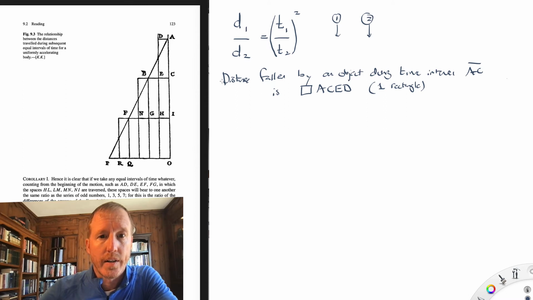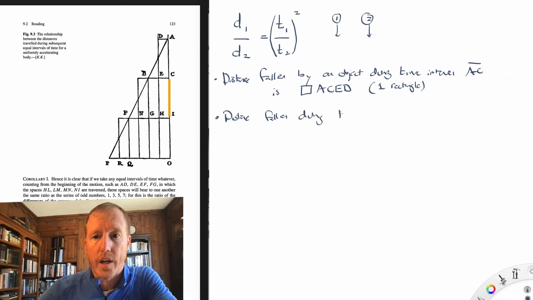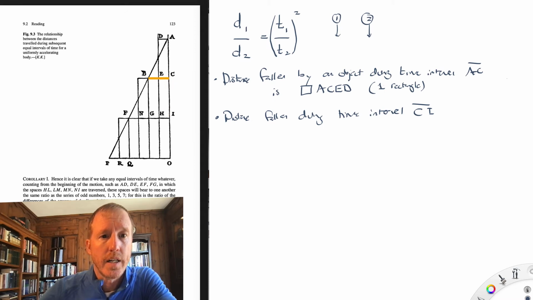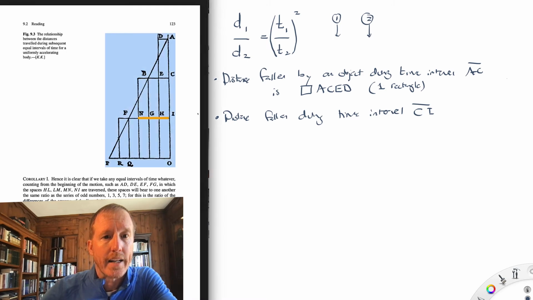Now, what is the distance traveled during the second interval of time, CI? So the distance fallen during the time interval CI, well, that's the second interval of time. It begins with a speed given by line segment BC. It ends with a speed given by the line segment FI. And so the average speed is given by the line segment IN.